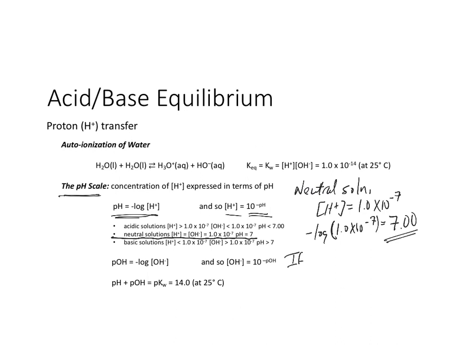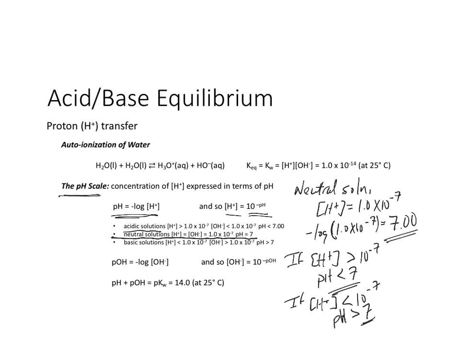If the concentration of hydronium is greater than 10 to the negative 7th, then the pH is less than 7. And if the hydronium concentration is less than 10 to the negative 7th, then the pH is going to be greater than 7. So again, acidic solutions, pH less than 7. Basic solutions, pH greater than 7.